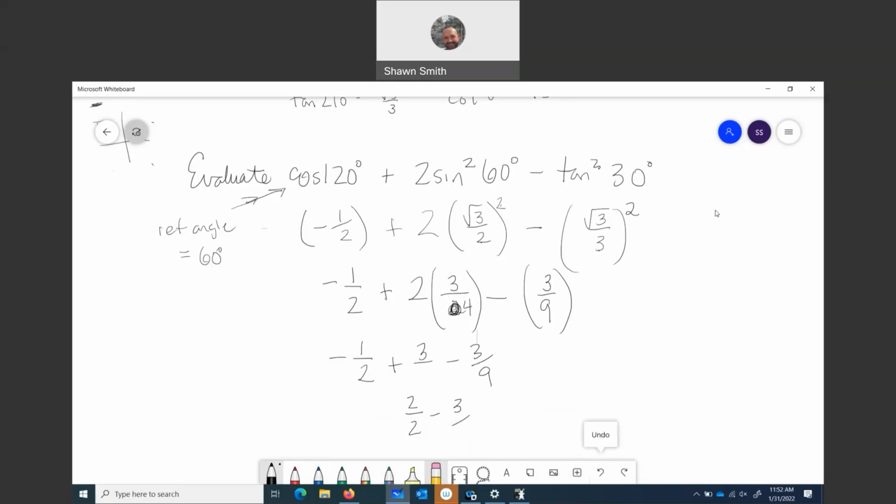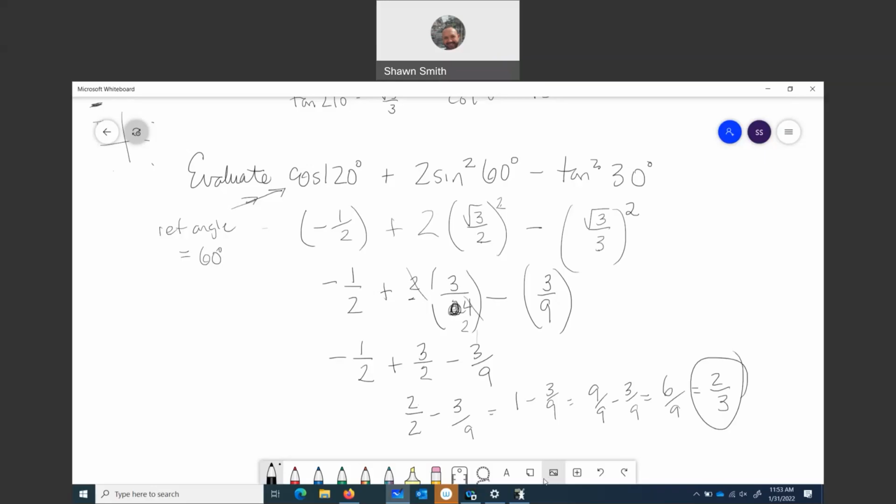It is 3/2. This 2 cancels with this 4, so that 2 cancels with that 4 right there. 3/2. So negative 1/2 plus 3/2 is positive 2/2 minus the 3/9, which is 1 minus 3/9. 9/9 minus 3/9, which is 6/9. Reduce this to 2/3. There's our answer.